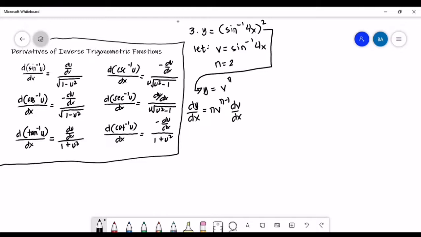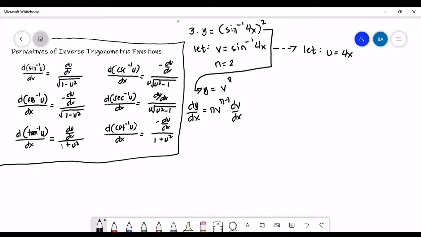So we let again u be equal to 4x. In order for us to solve for dv dx, we need to let u equal to 4x.